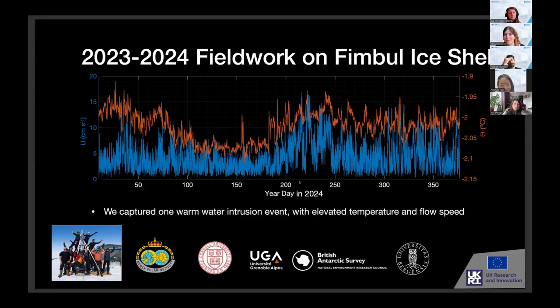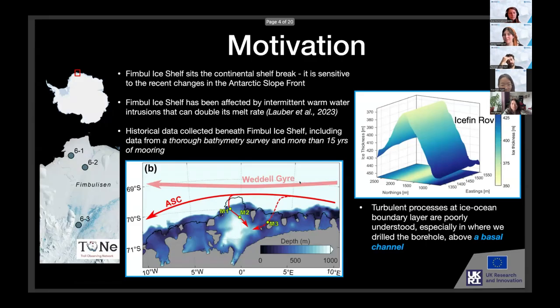I also want to mention another motivation: in this field season, we drilled a borehole at this location, which is the M2 location, if you can see my cursor here. Thanks to our super hardworking field work team and the logistic team, we also have the IceFin ROV in this place that detected a basal channel in this M2 location.